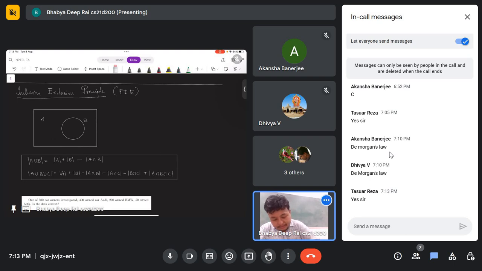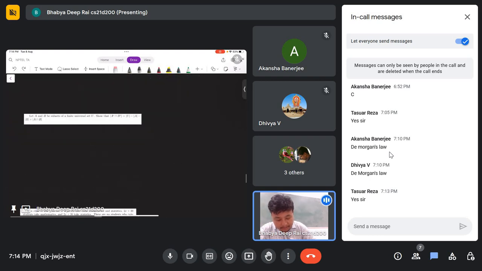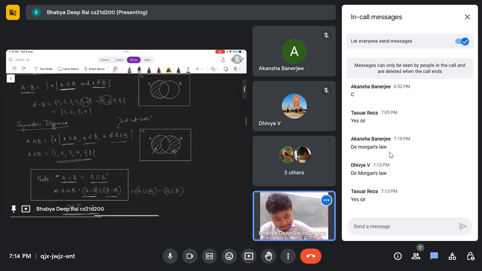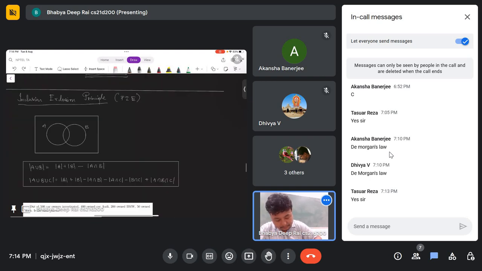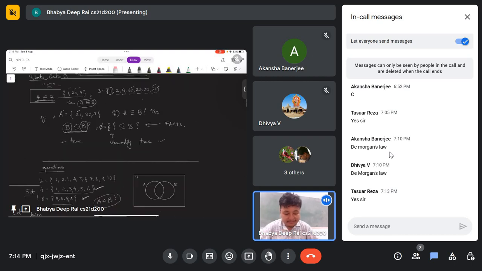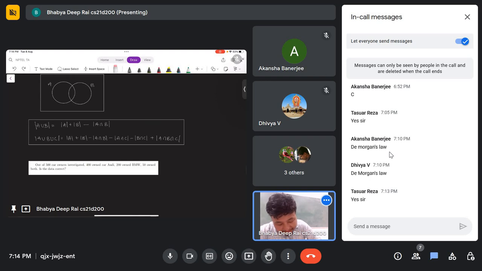So this is what I want to estimate. The union is what I want to know, but all I know is the size of A, the size of B, and their intersection.